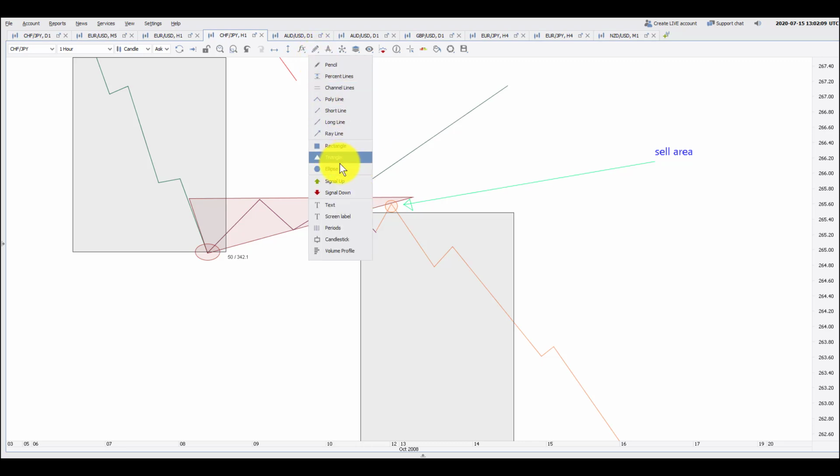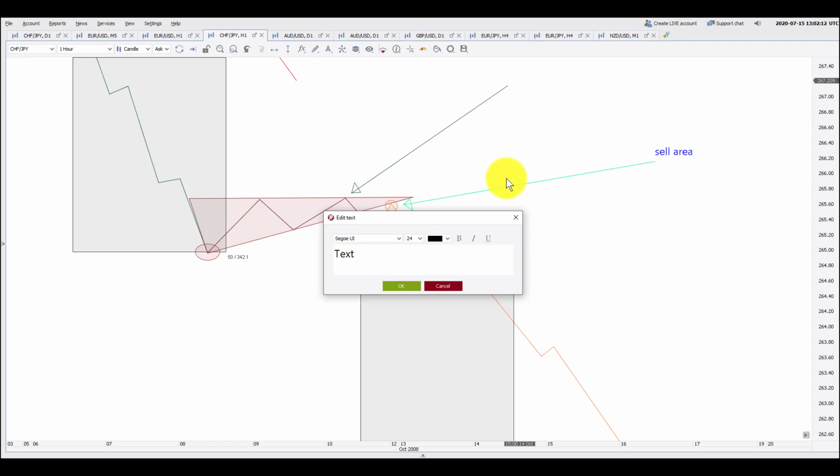And this will be your stop loss. Okay, so this is it.